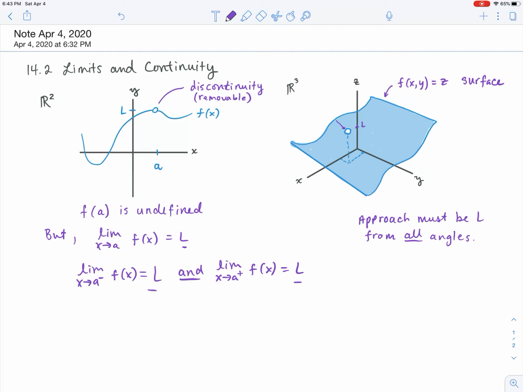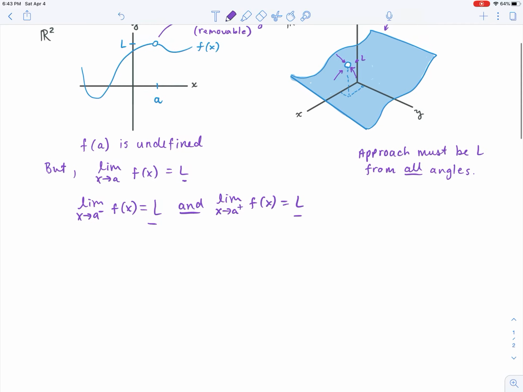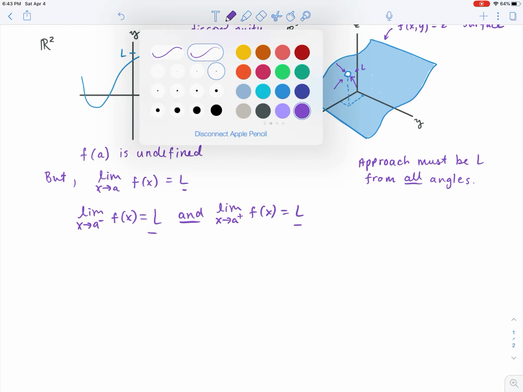Meaning if we're going along the surface from here, we have to approach that L value, that Z value, or from here, or any angle in a whole 360-degree rotation, they all have to equal the same limit. So proving these is a little bit harder than in R2, and so we'll mostly just do examples of things that don't have limits.